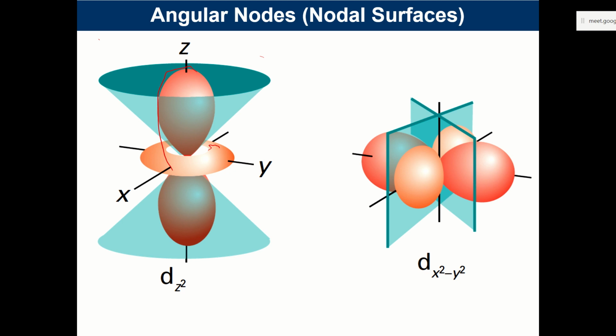So that's why this one is preferred for sigma bonding, right?